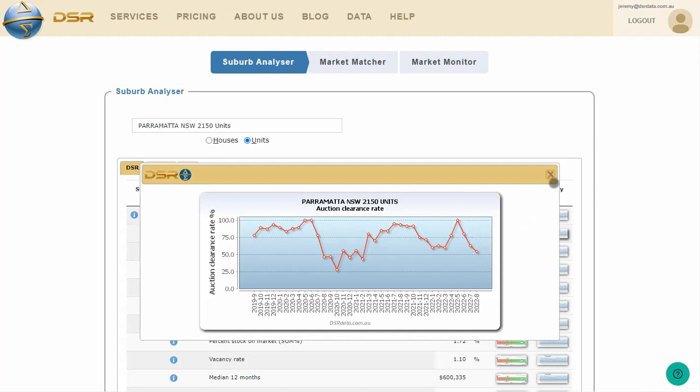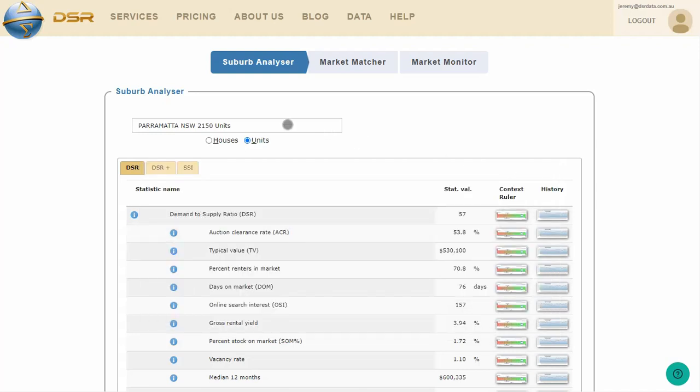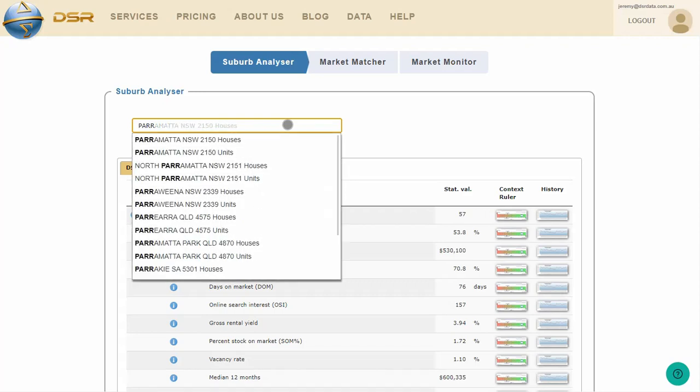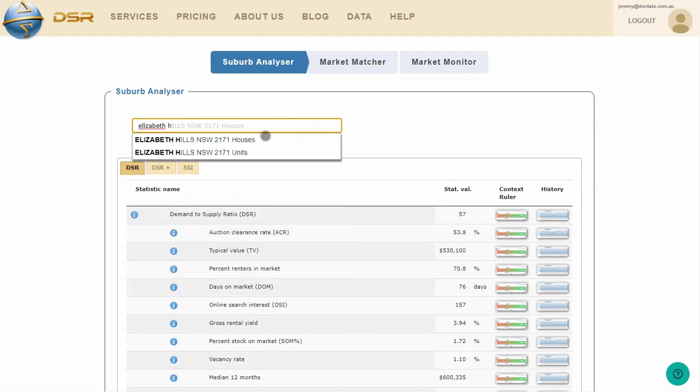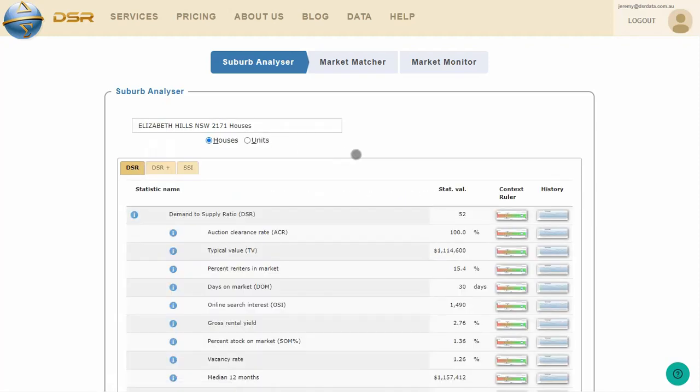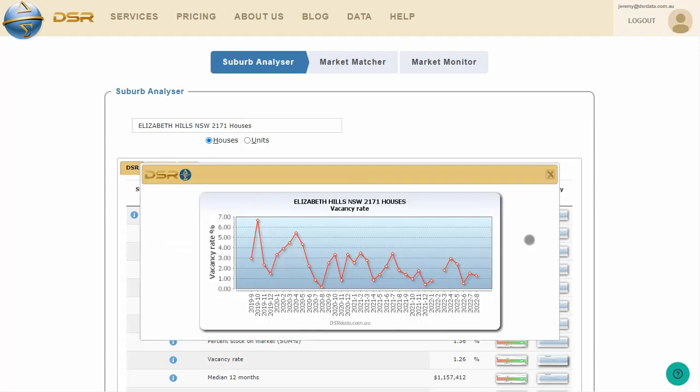Let's look at another market. This time I'm going to choose a very small market. Elizabeth Hills is a small suburb in Western Sydney, and I'm going to look at two charts I always check for volatility. The first is the vacancy rate. And as you can see, the vacancy rate chart is very volatile.